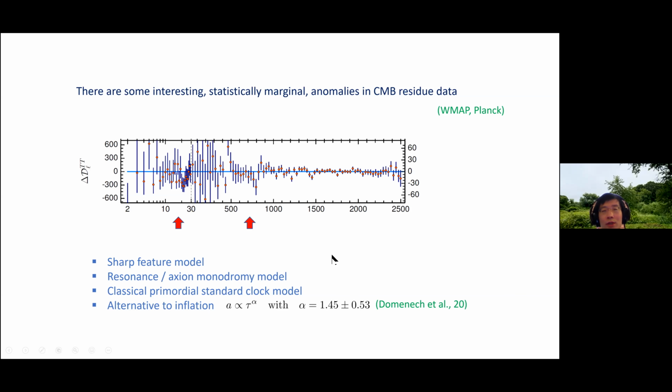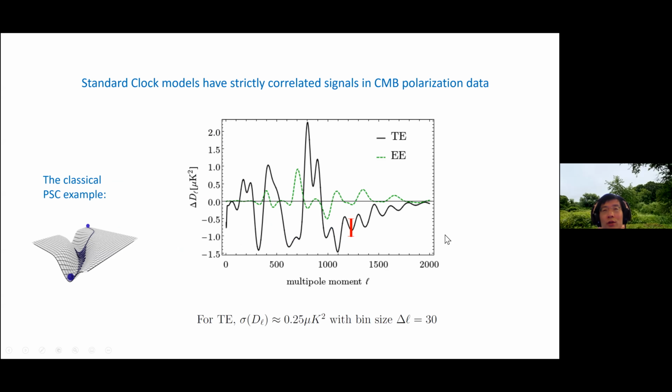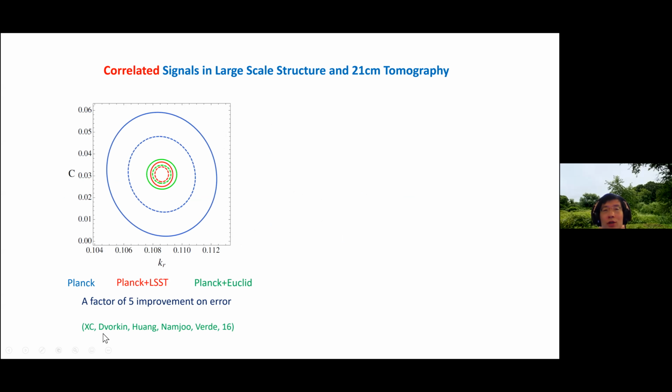For example, we recently did some fits with the alternative scenarios that we just mentioned. The future prospects are to use various other experiments like CMB polarization and large scale structures. They will improve the constraints, especially large scale structures, which will be able to improve the precision by one order of magnitude.